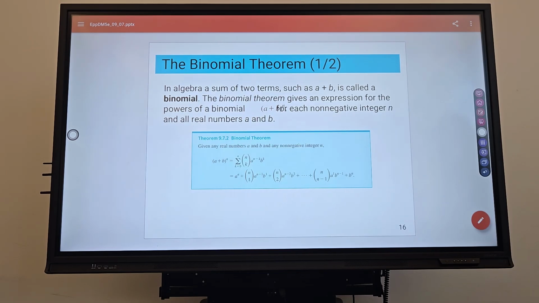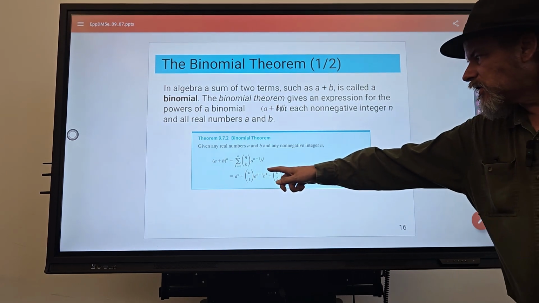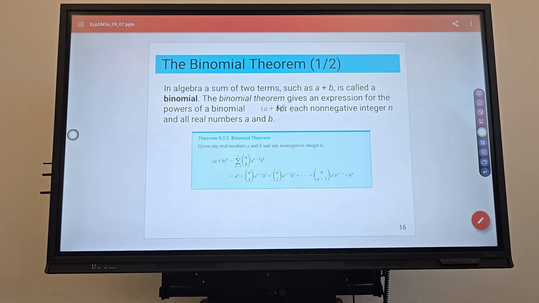It gives it in the form of a summation, where k goes from 0 to n, of n choose k times a to the n minus k times b to the k.